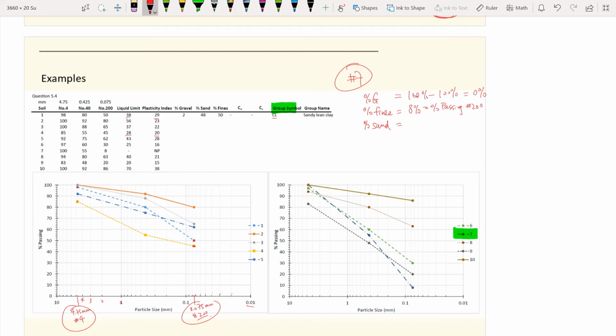And percent sand will be 100% minus percent gravel, also minus percent fines. In our case, it will be 92% sand. So clearly, this is a sand sample. We figured out the percent gravel, percent fines, and percent sand.